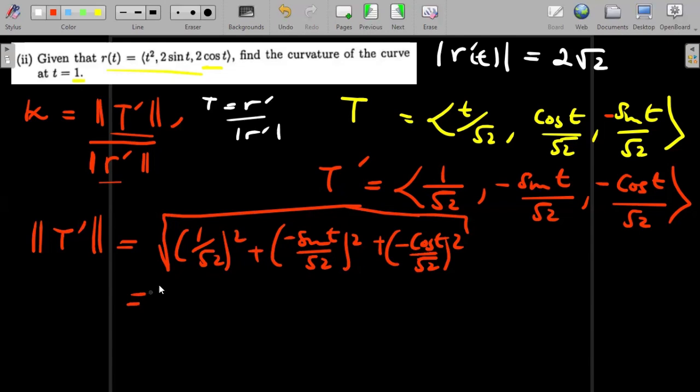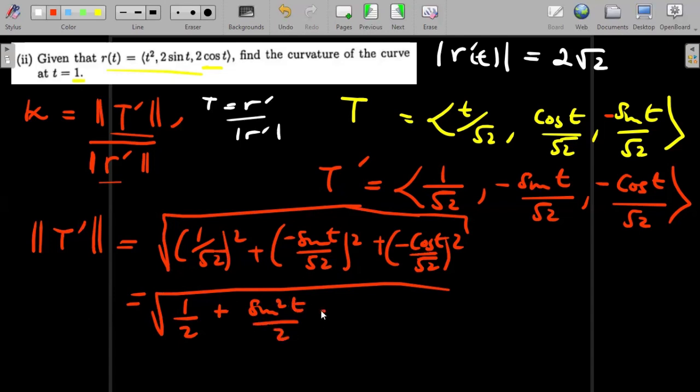So now what do I get from here? The first one gives me 1 over 2, since root 2 times root 2 gives me 2. Then plus sine squared T over 2, then plus cos squared T over 2.